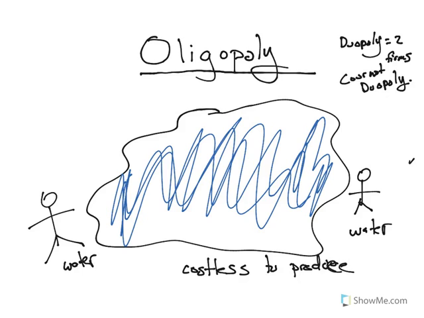So they're just at the side of the lake, pumping out water and selling it. What we want to figure out is, what will the price of water be in this example? What would it be if instead of being a duopoly, they were in a perfectly competitive industry? What would it be if they were a monopoly?